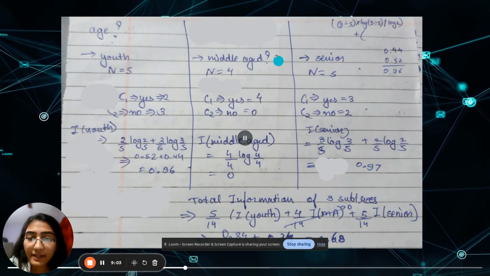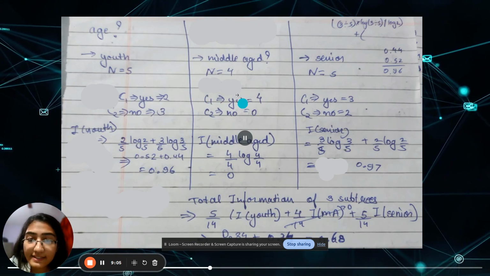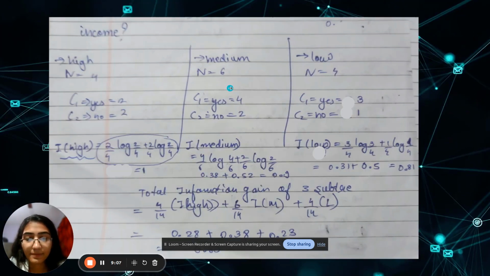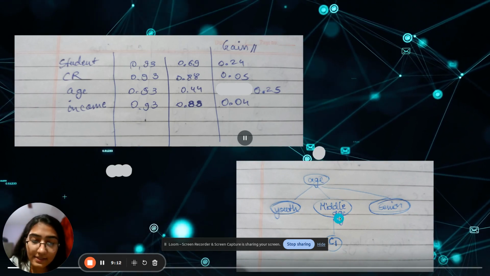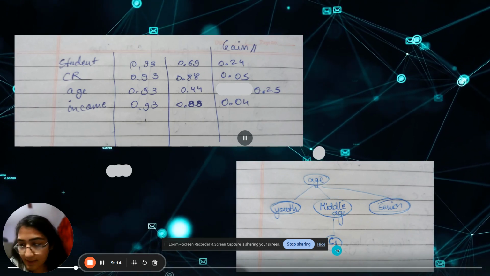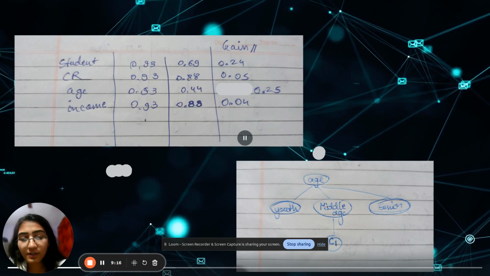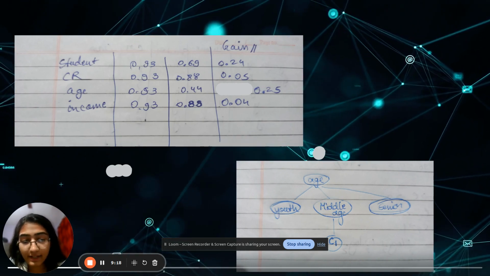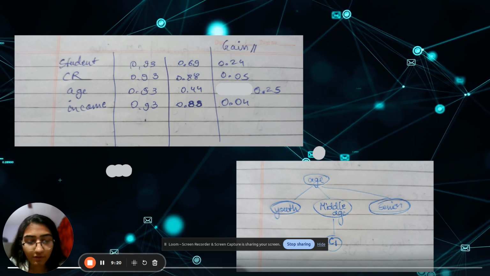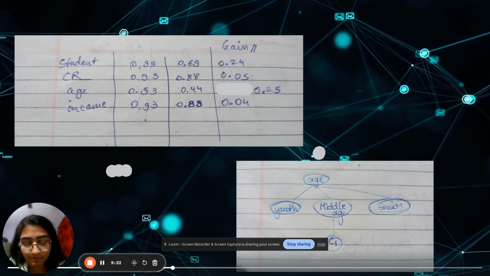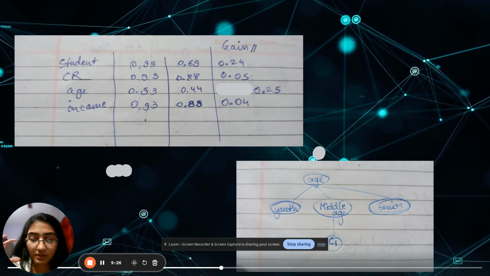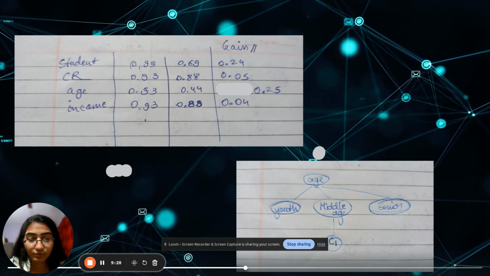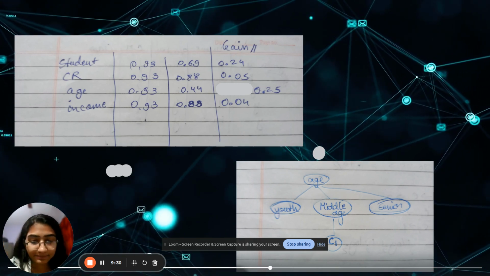It means for middle age only the C1 class is there. So we can easily calculate for middle age. If the age is middle age, then the class will be C1. So we have completed the middle branch of this subtree. Then we will find more about youth and senior separately.